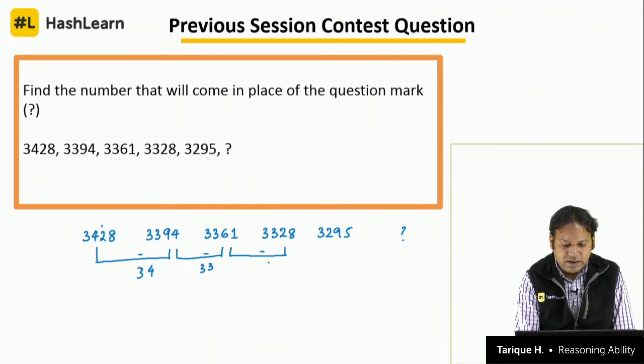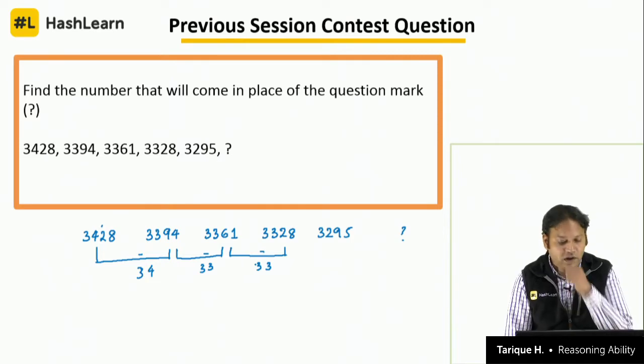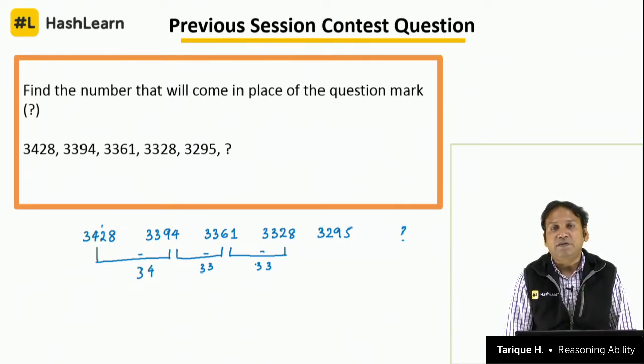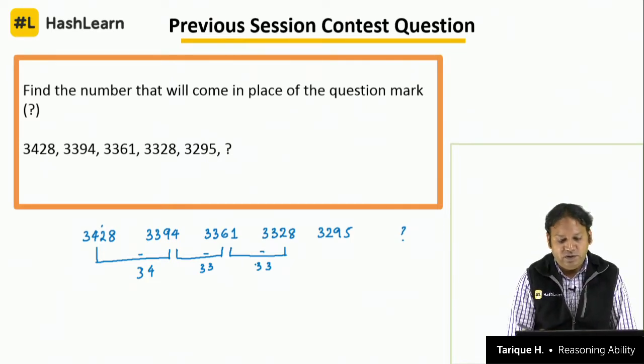11 minus 8 is 3 and then 5 minus 2 is 3, so 33. Now here again we are getting a difference of 33. The first difference is 34, the next 2 differences are 33, 33. So that logic that we had in the beginning, that from 34 we are reducing 1 to get 33, from 33 we are reducing 0 to get 33.